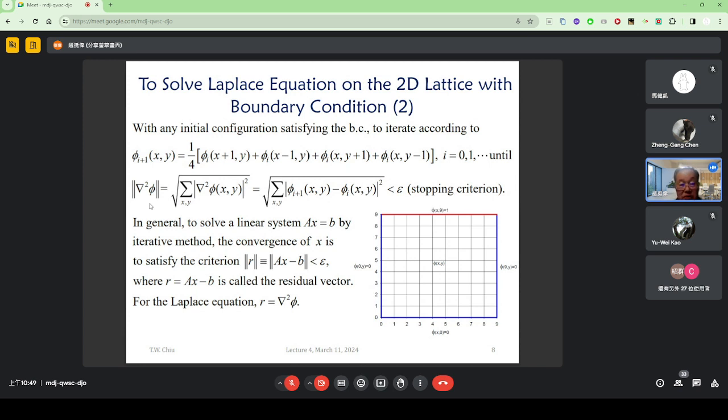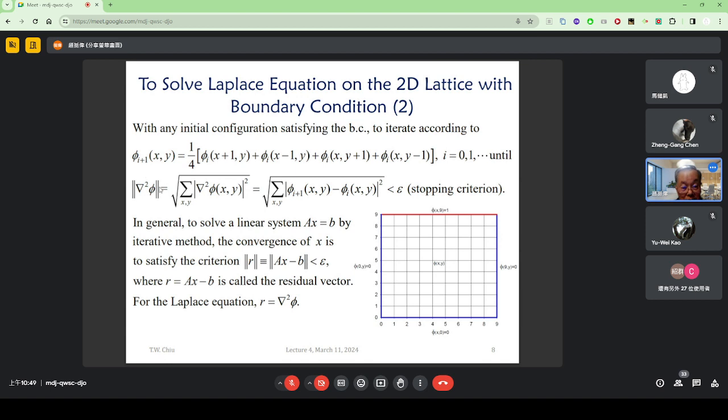So Laplacian phi could be small but not exactly 0, but as long as it is within our acceptance criteria, that's okay.